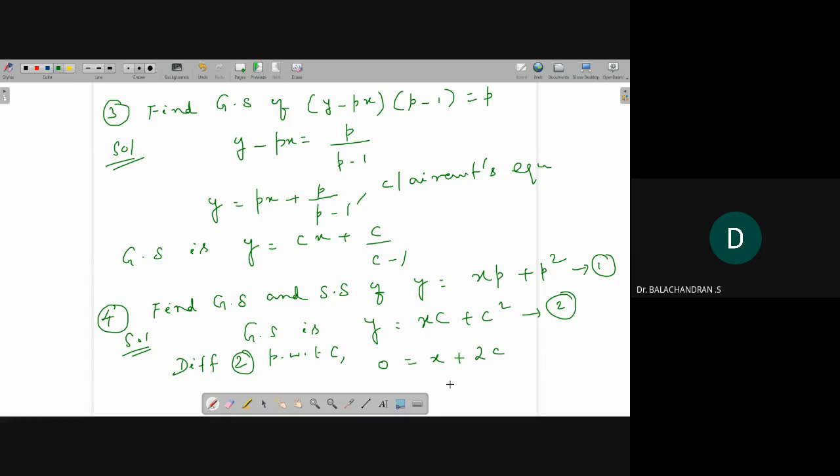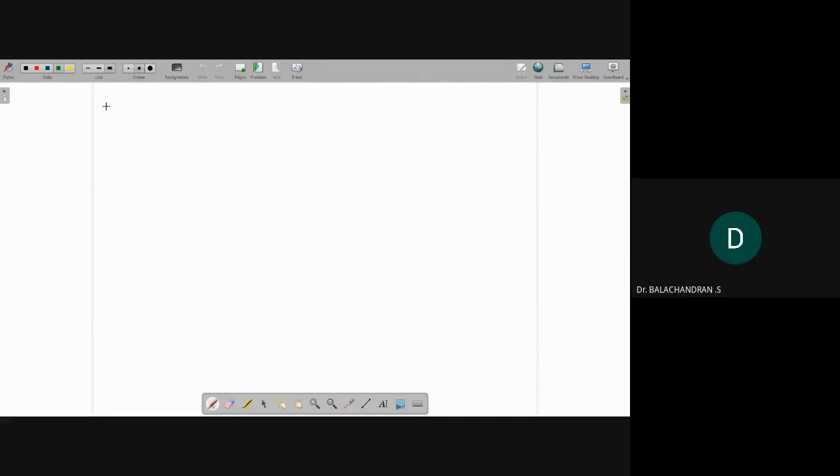So from this we have c equal to minus x by 2. This is 3. Substitute the value of c in 2. You'll get the singular solution. Substitute c equal to minus x by 2 in equation 2.